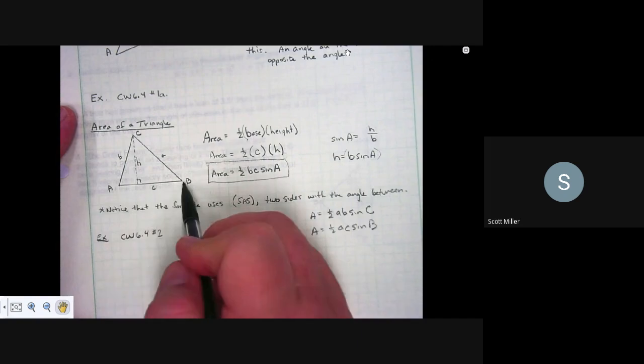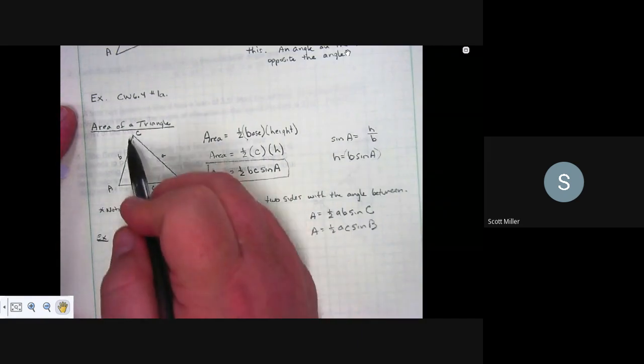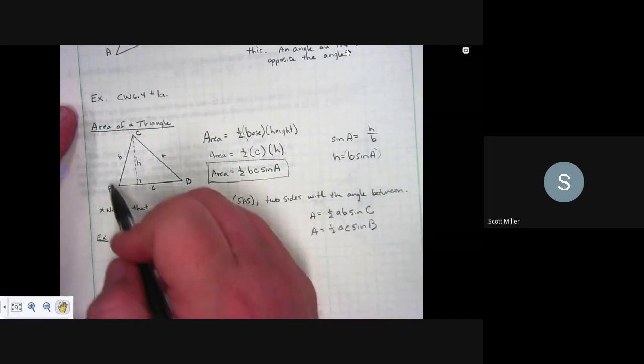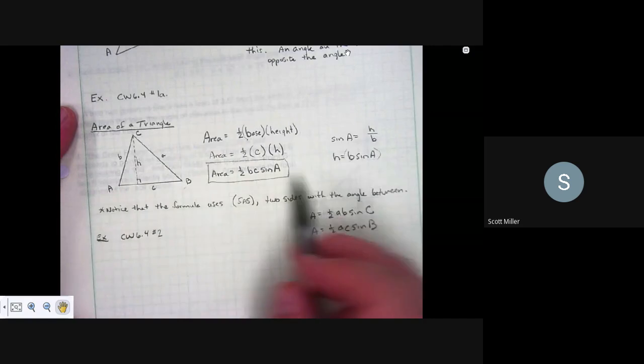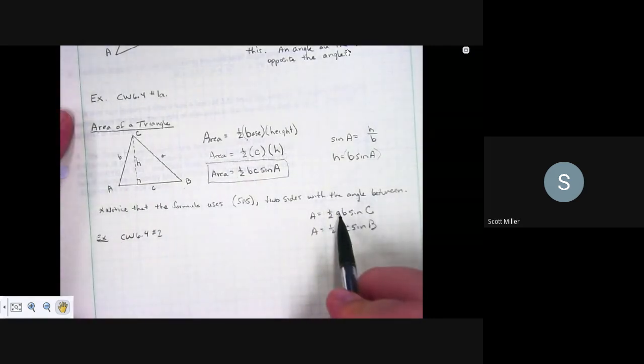The formula has B, C, and the angle between. So side, angle, side. If you have that scenario, no matter where those are occurring, you can just put that in the formula as, and that's how I remember it, the two sides and the angle between. So that's how I remember those.